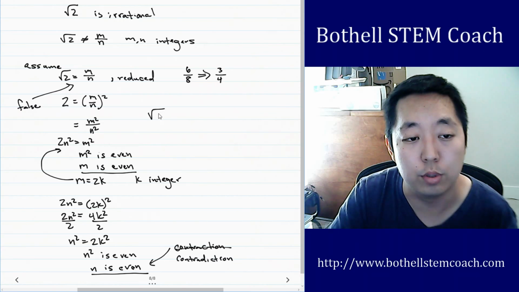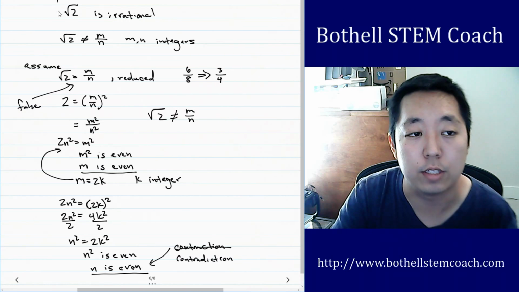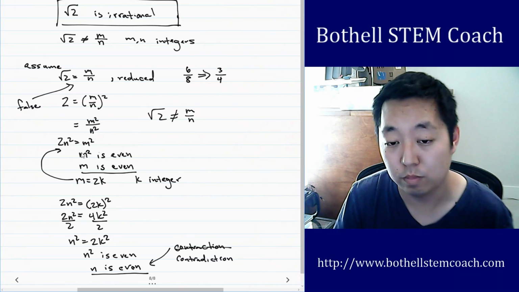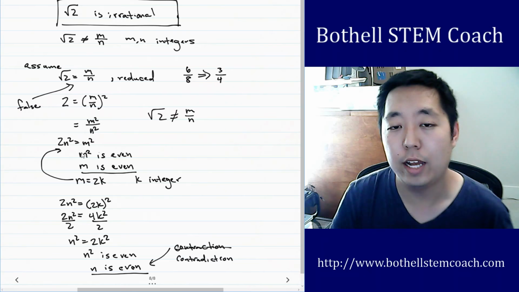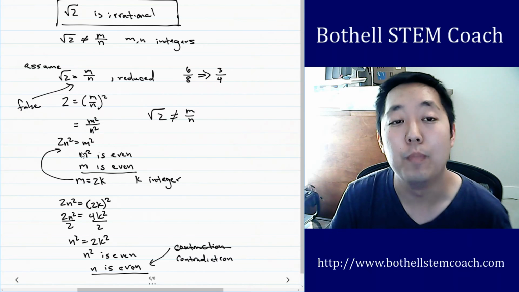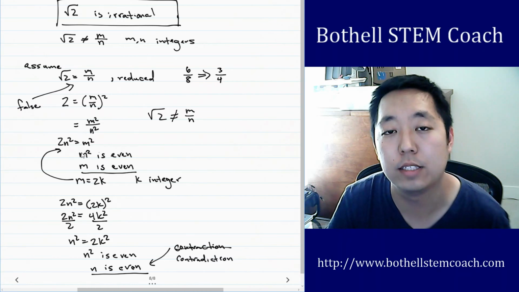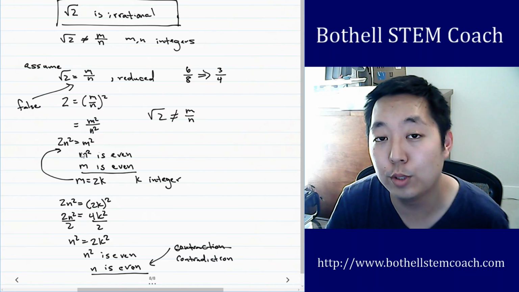Hence, the square root of 2 cannot equal m over n for any integers. And that proves that the square root of 2 is irrational. Okay? Again, we didn't start off knowing for sure that it's irrational, but this logical line of reasoning outlines why it must be true that the square root of 2 cannot be written as a fraction, and hence is an irrational number.